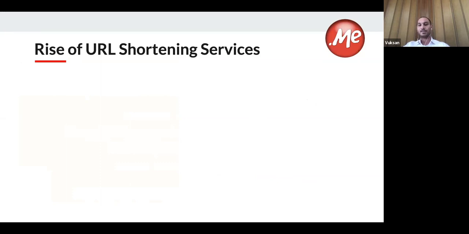And then one more thing that is actually a very good fit for the idea of getting creative with domain names is the rise of URL shortening services. These services appeared some 10 or 11 years ago. At the beginning, they were just what they were intended for. They were just shortening your URLs.